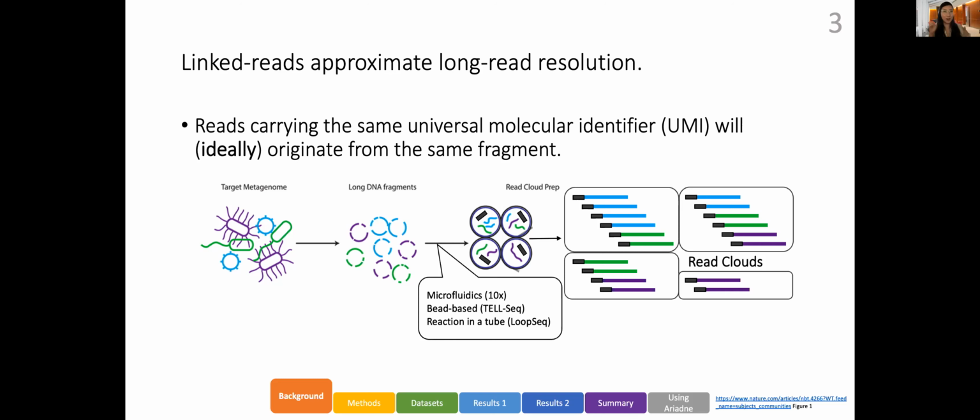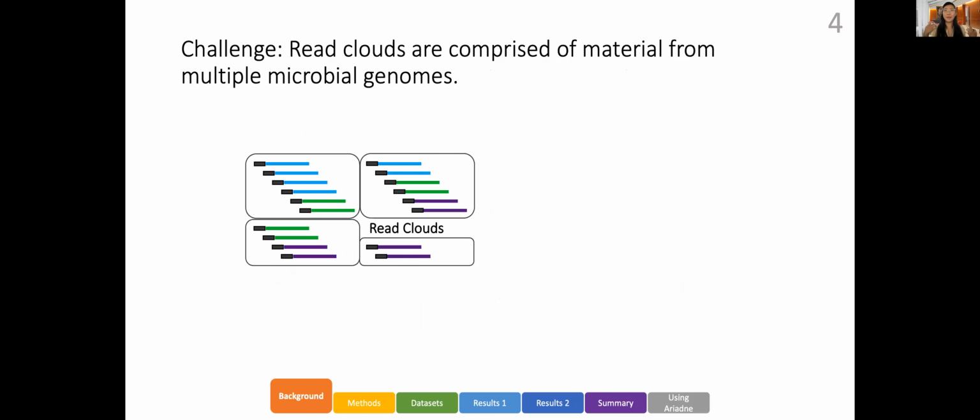However, the converse, which is reads carrying the same UMI coming from the same genomic fragment, that statement is actually not true, because depending on our UMI distribution method, somewhere between 1 and 20 genomic fragments are associated with each UMI. As you can see in the graphic here, these blue reads and green reads, which are colored to indicate that they've come from different genomic fragments, are still tagged with the same UMI because there aren't enough barcodes to go around.